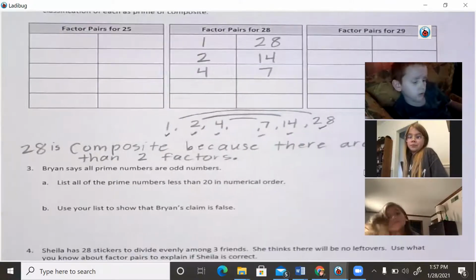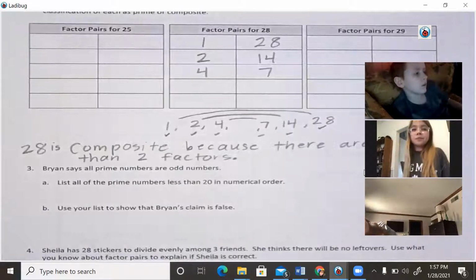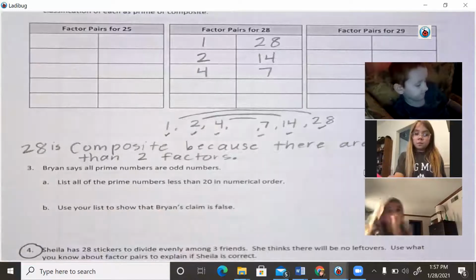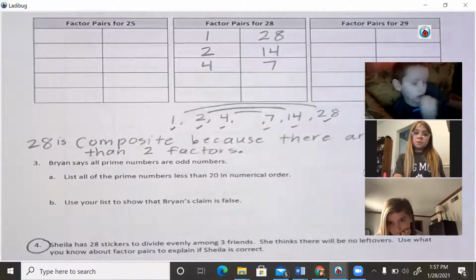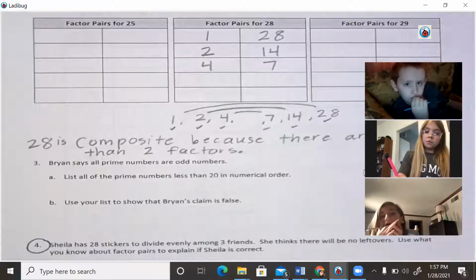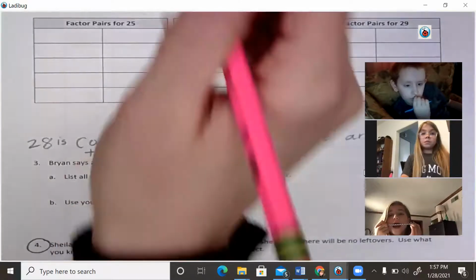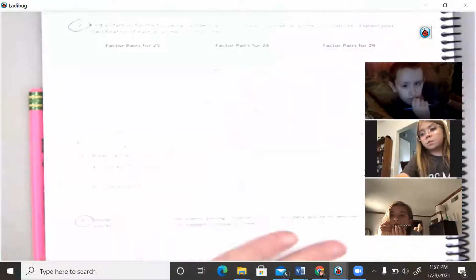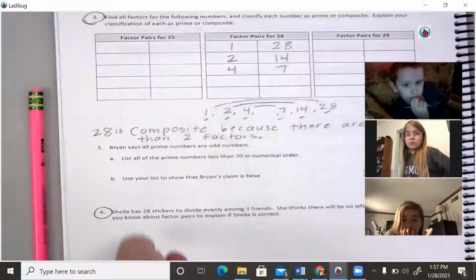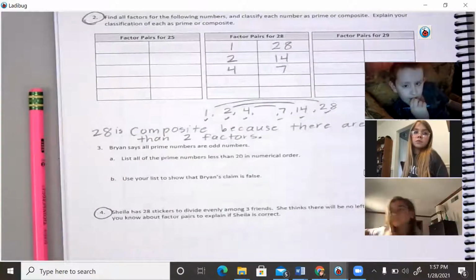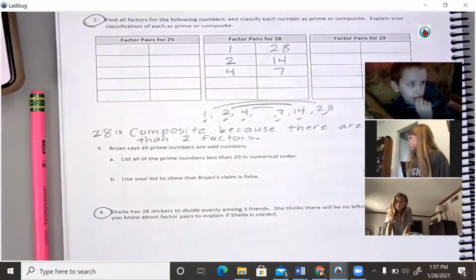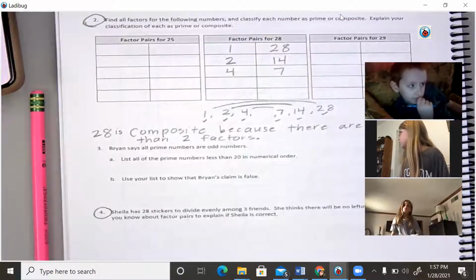So circle number 4 on this page, and I'll go back and edit this on our Schoology page. Do number 4, and then finish number 2. So circle 4 and 2. Tomorrow we'll check these before we start. So number 2 and number 4, that's what you have for homework, okay?